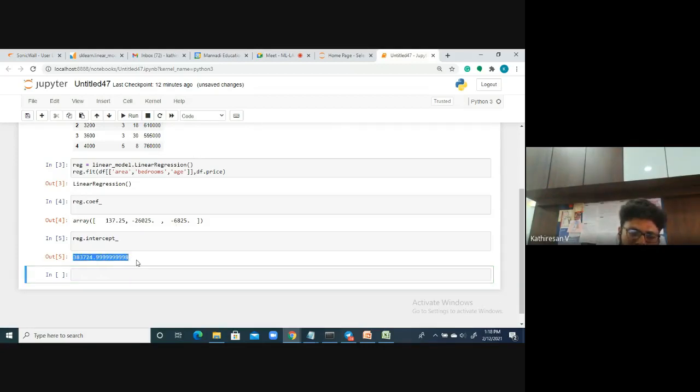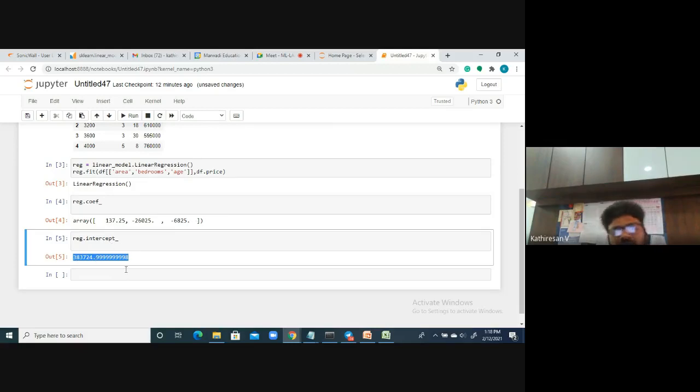M0, or c, or b, or a, whatever you want to call it, is nothing but the intercept. These are all the coefficients.